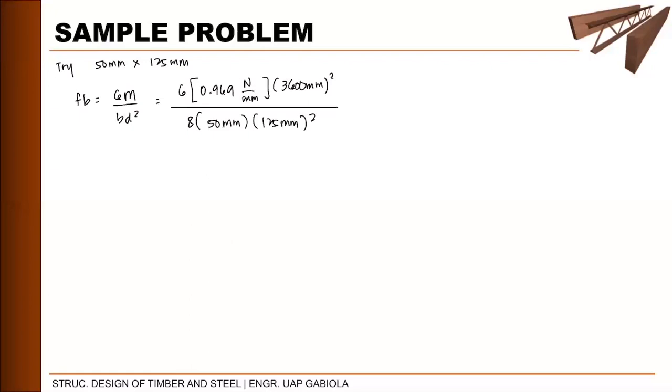So yung FB natin, upon calculation, is equals to 6 times 0.969 times 3,600 squared all over 8 times 50 times 125 squared. That is equals to 12.06 Newton per mm squared or 12.06 MPa.